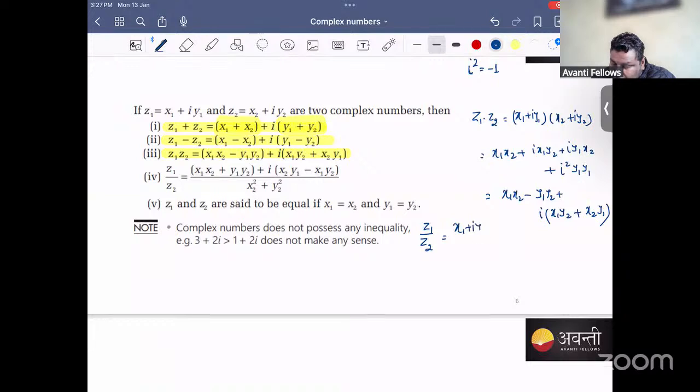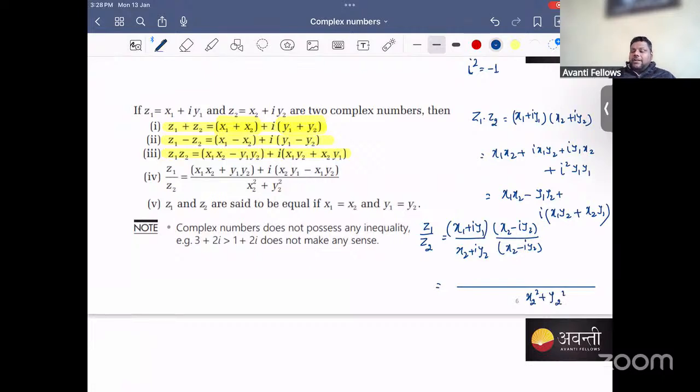Now, if I come to division, say I take the same example, z1 upon z2, that is x1 plus iota y1 upon x2 plus iota y2. Now see, there is no direct way to divide two complex numbers. So here also we will be multiplying. So multiply this by x2 minus iota y2 and this also by x2 minus iota y2. Now, if you see the denominator, you will get x2 square plus y2 square.